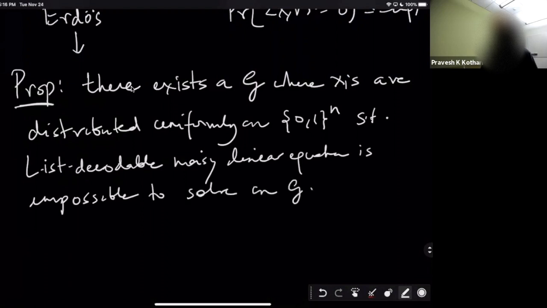I'm being somewhat informal, but what I'm saying is that not only is this anti-concentration property a nice thing for us, but in fact, if your distribution, if your good set, does not satisfy it, then no algorithm can win. In particular, if you try to do this list-decodable noisy linear equation solving on the hypercube, you're going to fail. I actually had planned to give you this full proof, but I'm a little bit behind schedule.